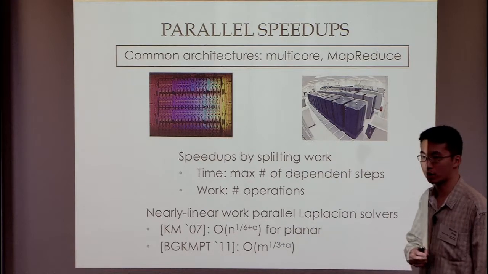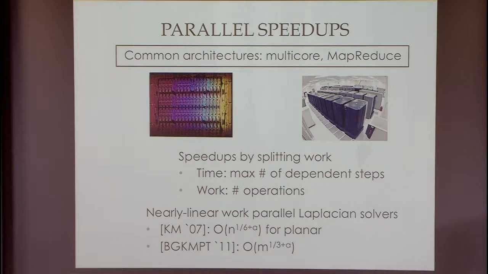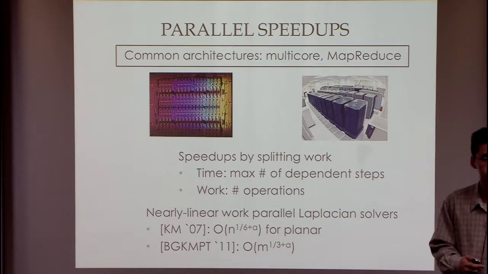It turns out that for these nearly linear work Laplacian solvers, one can get algorithms that parallelize. The first result in this direction was by Yiannis and Gary. They gave an algorithm that ran in about n to the 1/6 depth for planar graphs. For general graphs, Blelloch et al. showed that it's possible to get to a depth of roughly m to the 1/3.